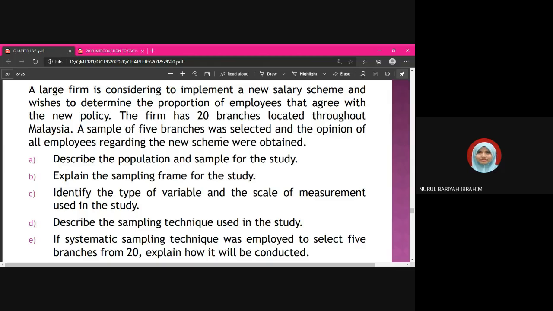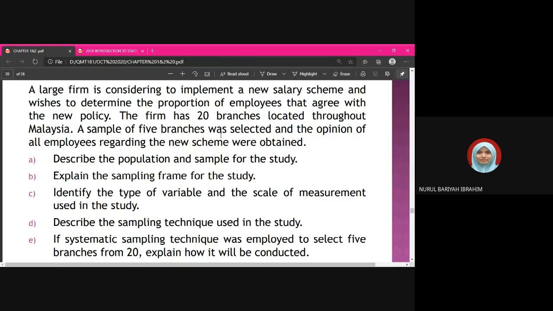Okay, and then next find the interval k, which is 20 divided by 5. You will get 4. Okay, and then the first sample will be the fourth cluster yang keempat. Ataupun boleh juga you nak pilih daripada nombor 1 hingga 4, you boleh pilih any random number. Okay, let's say saya pilih kat sini random number 1 until 4, I pilih number 4. So the fourth branches will be the first clustered sample.